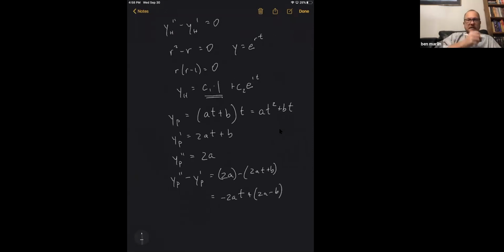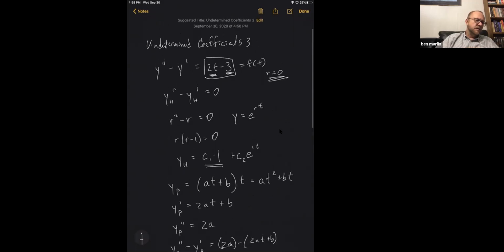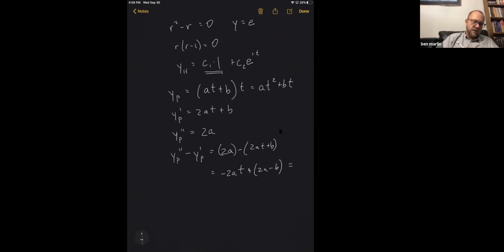All right, I just separated them off in the powers and grouped them. And what was that supposed to be equal to? It was supposed to be equal to 2t minus 3. I guess that might have been nicer to write over here. But this minus 2a and that 2 have to be equal. And this 2a minus b needs to be equal to the minus 3.